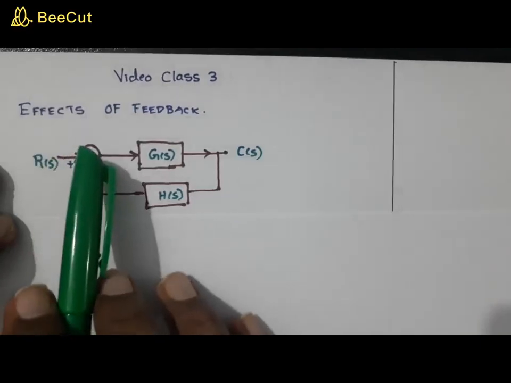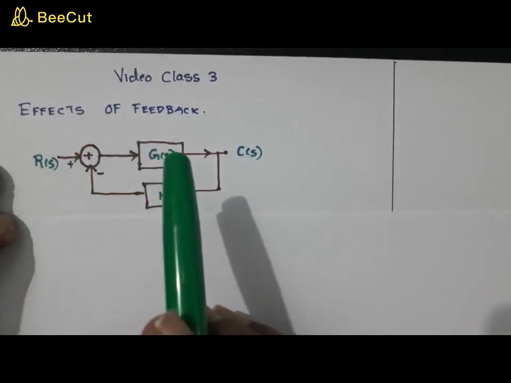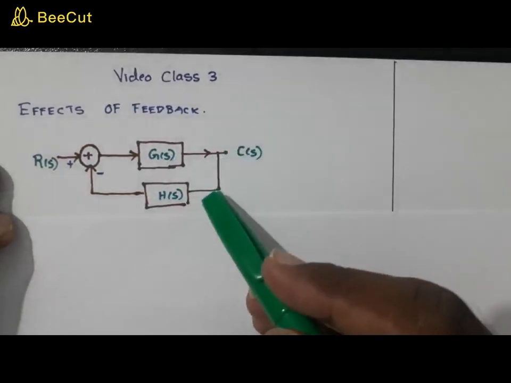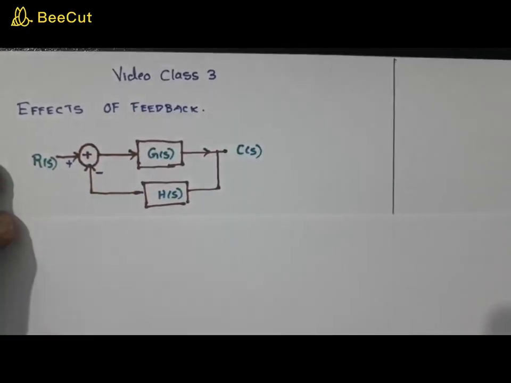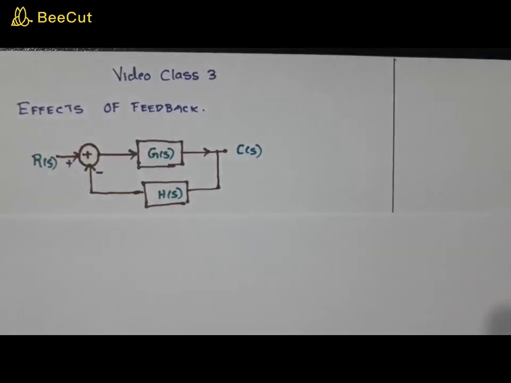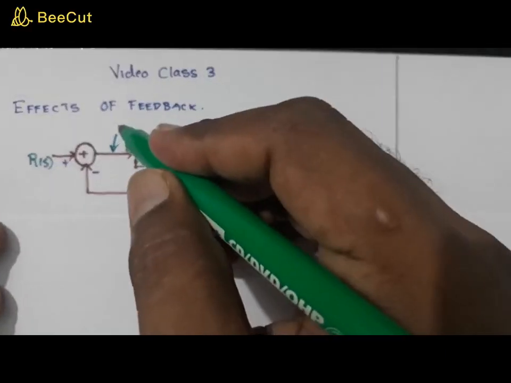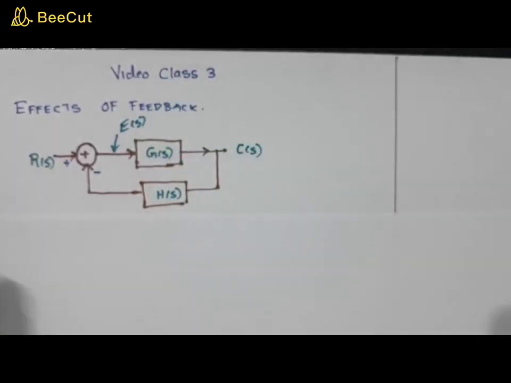There is a summing point, and at this summing point the fed back signal is compared to this R of S. This signal we call the error signal, and it is usually denoted by capital E of S, equivalent to small e of t.